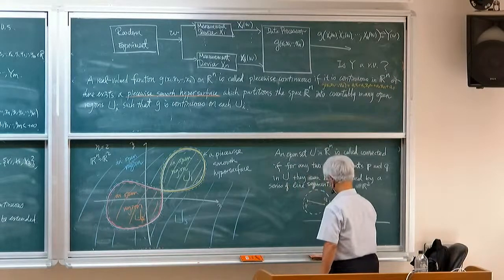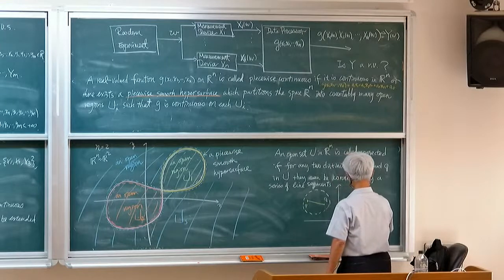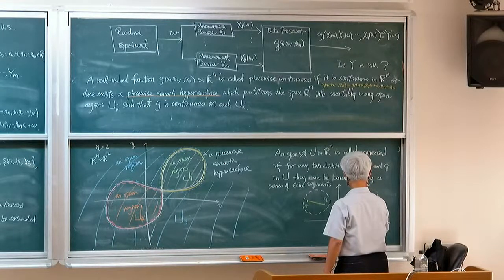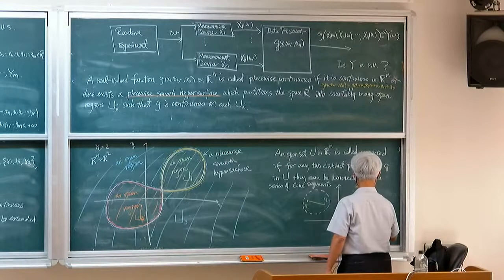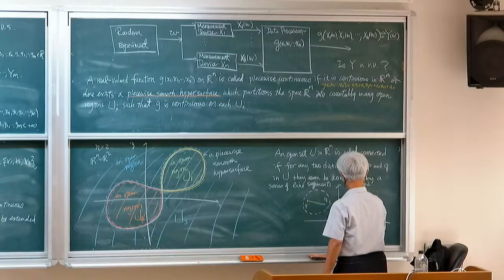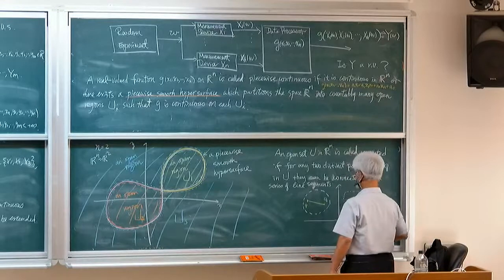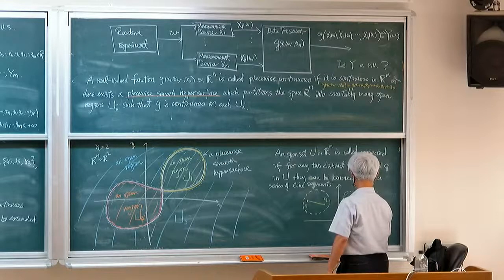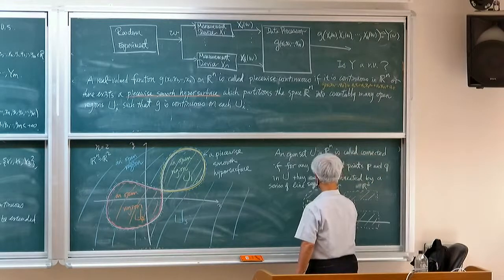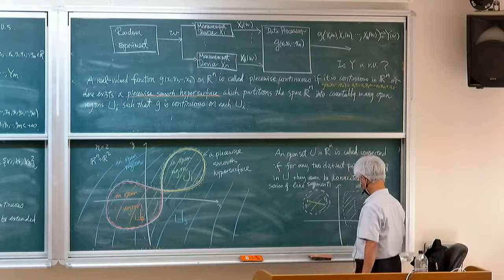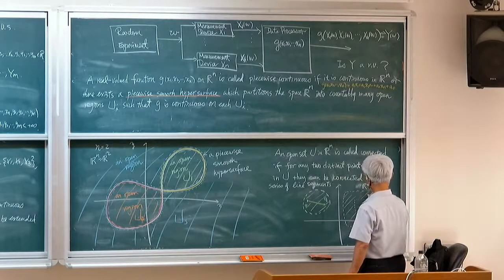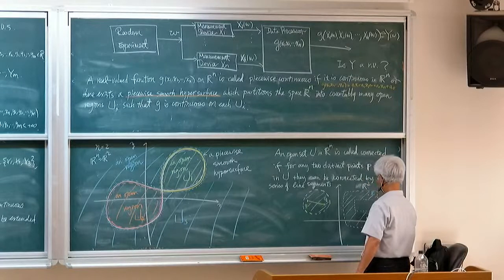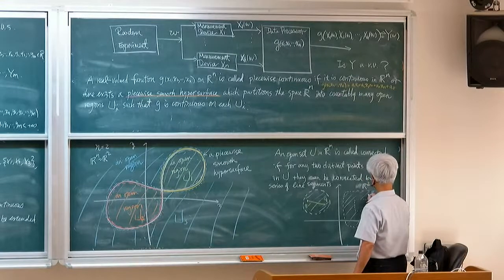Okay, so that is good. Another case is this region. This is also connected. Why? Because if I have P here and I have Q here, then you can go in this way.